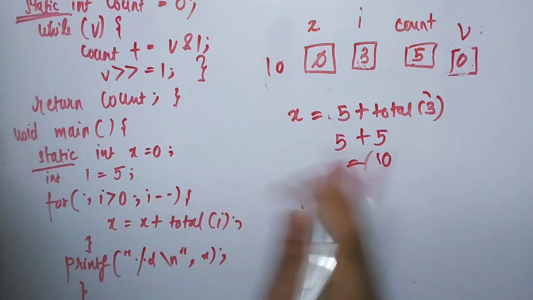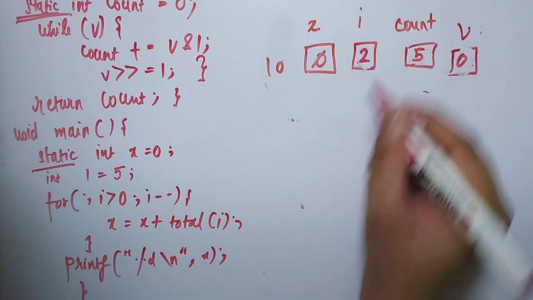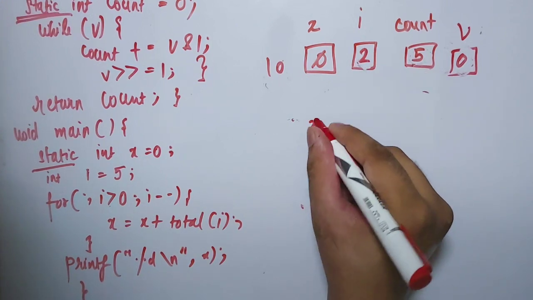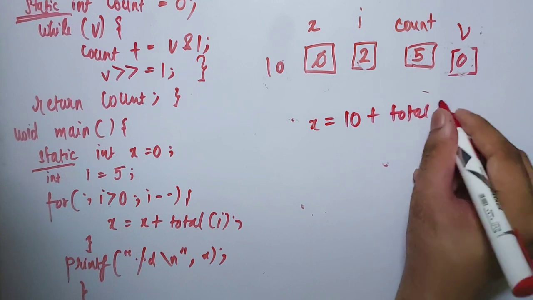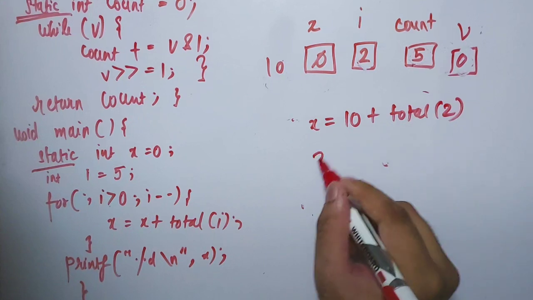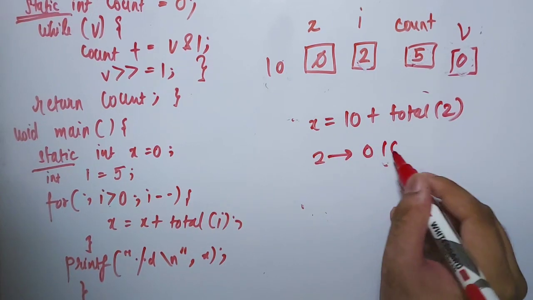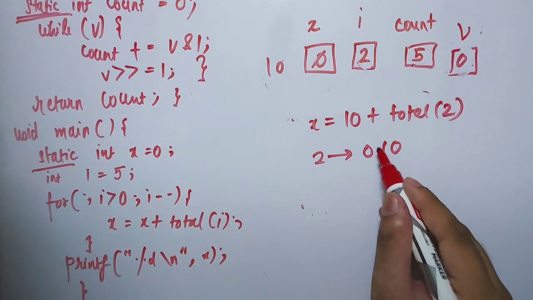Now I gets decremented by 1, so I value is 2. Now x equals 10 plus total of 2. Now if you will see, 2's binary representation is 0 1 0, and it contains one 1. So on ANDing with 1, count only gets incremented by 1 time for this one.